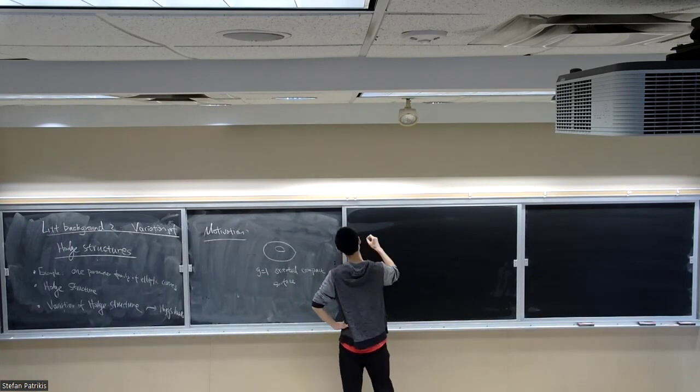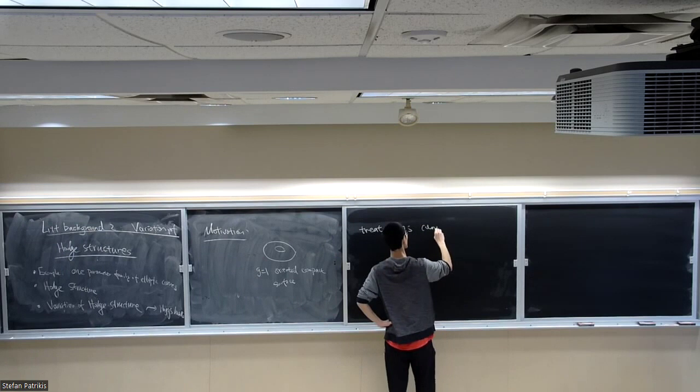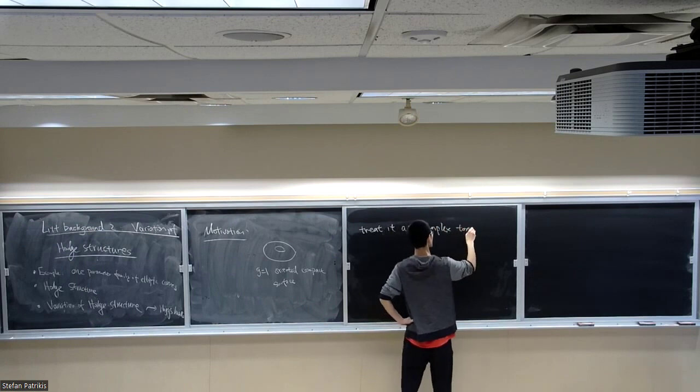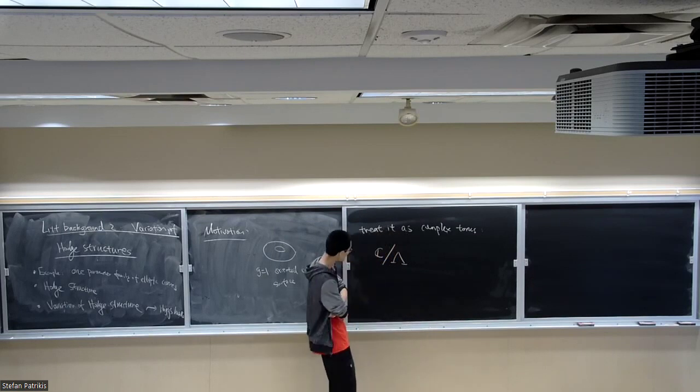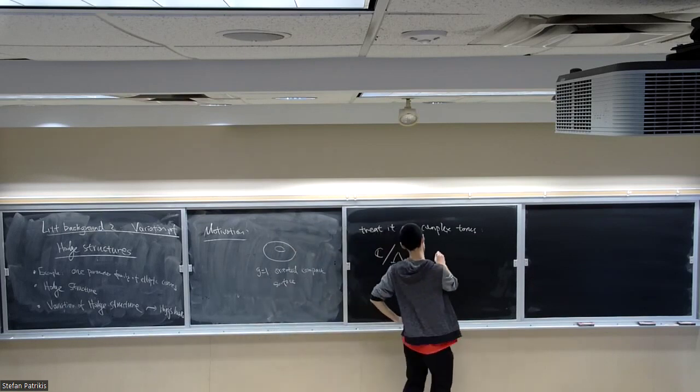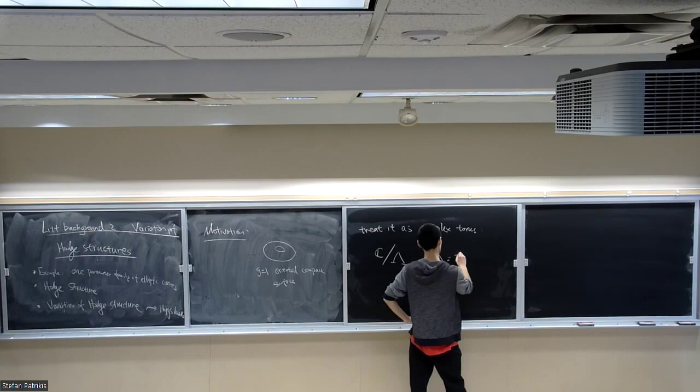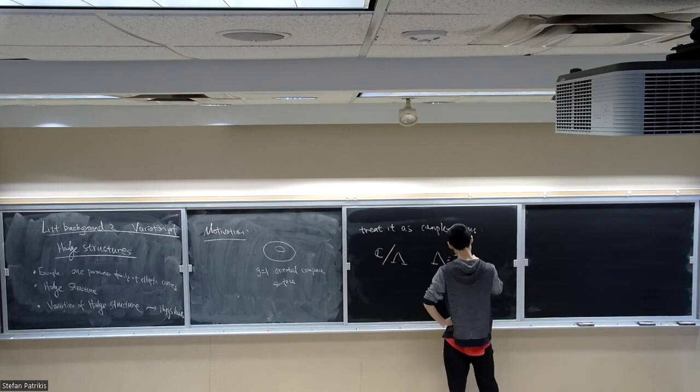As a real manifold they are the same, but as a complex manifold we are treating this as a complex torus. So we just consider C modulo a rank 2 lattice, where lambda is the integral lattice generated by, say, e1 and e2.